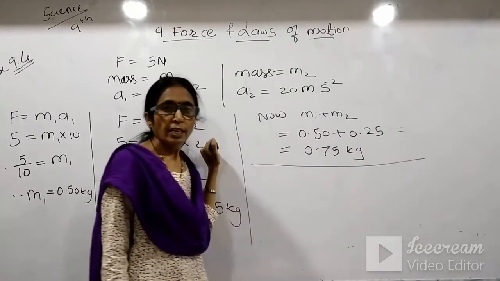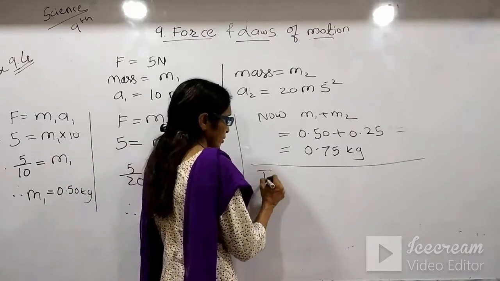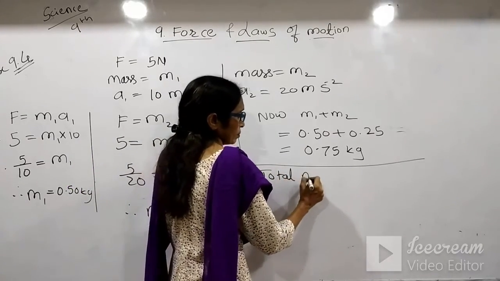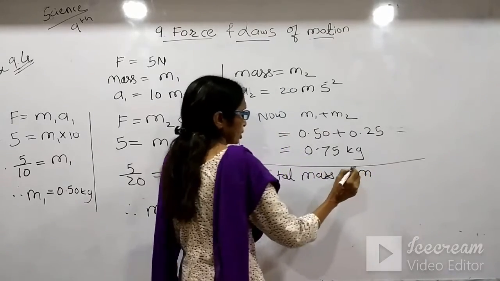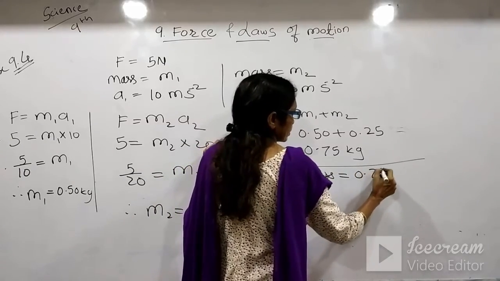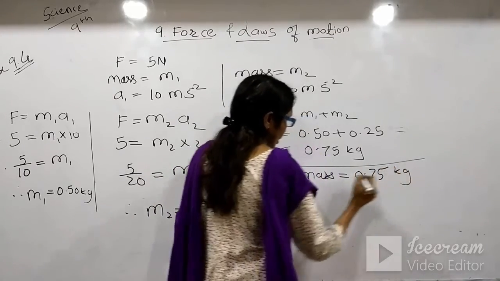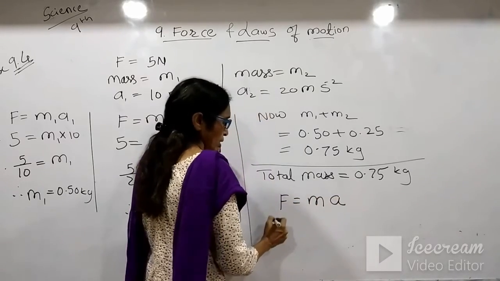So total mass is equal to 0.75 kg. Again we will use this formula, F is equal to ma. What is F?